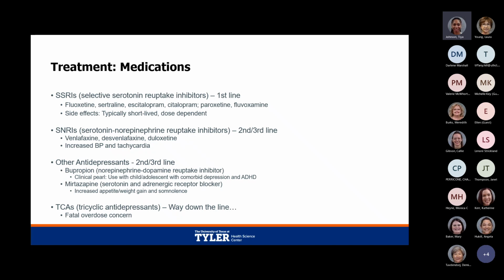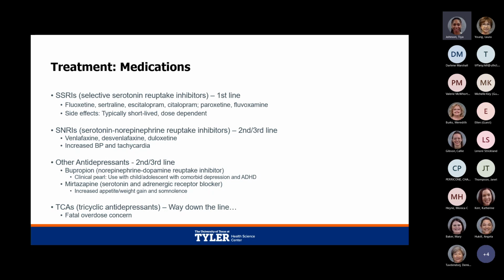Besides the fact that they have a pretty severe side effect profile and a lot of medication interactions, the other concern is that if a child or an adolescent with depression becomes impulsively suicidal and overdoses, they could end up killing themselves with these medications because of the effects on the heart with the tricyclic antidepressants. So I avoid the tricyclics in children and adolescents when at all possible.